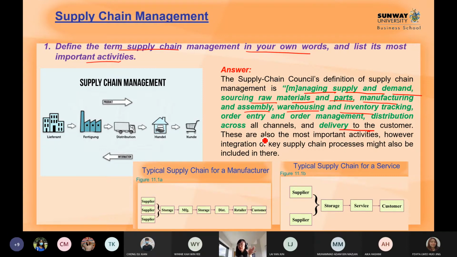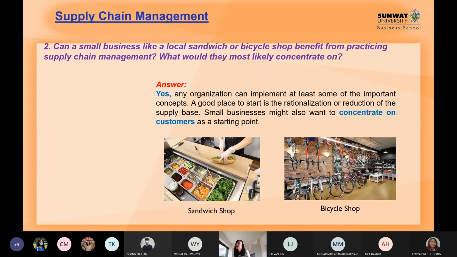So you need to have the integration of the entire process to make a successful supply chain service. Can a small business like a local sandwich or bicycle shop benefit from a small supply chain? What will they likely focus and concentrate on? Yes, big or small, you also need to have a supply chain.